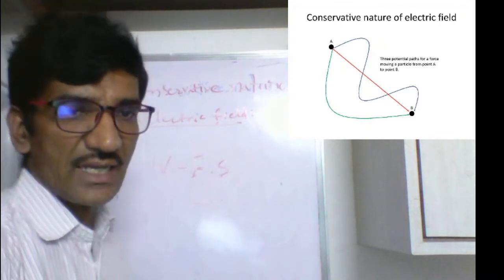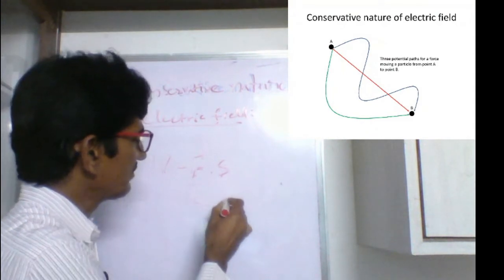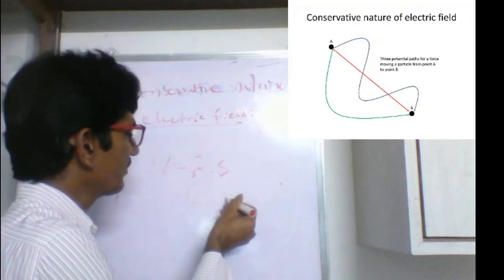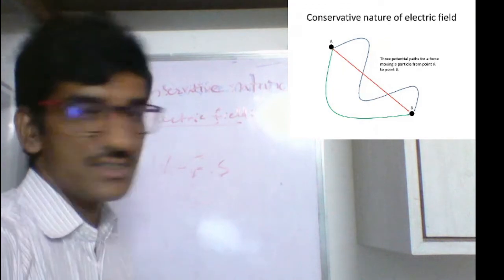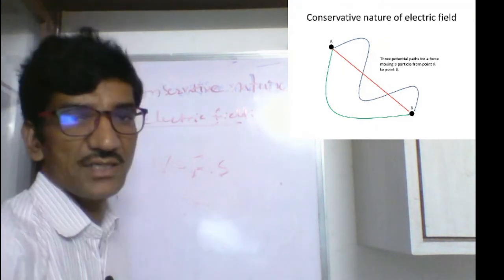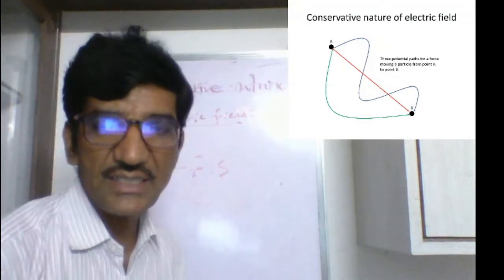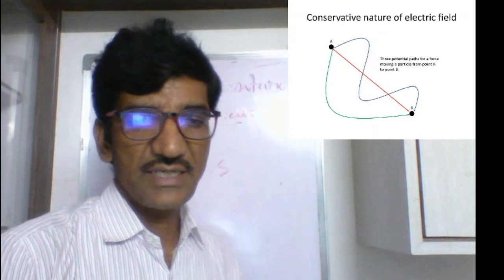If this is an infinitesimal length, then if you divide the path into small segments, you have to put an integral. So what is the formula for the electric work? Integral E dot dl.